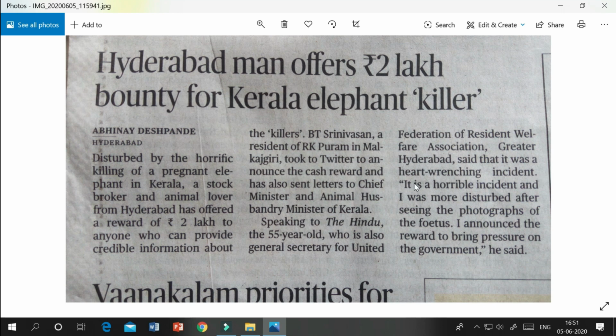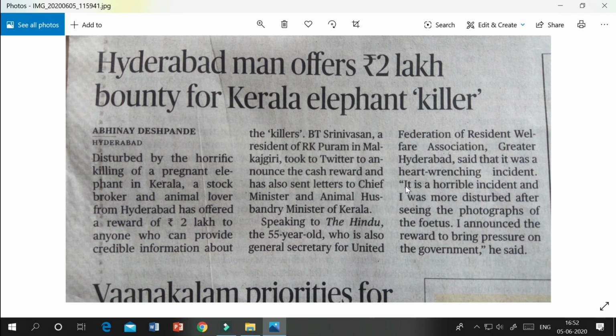Now fourth sentence. It is a horrible incident and I was more disturbed after seeing the photographs of the fetus. So this person says it's a very horrible incident and he was very disturbed, especially when he saw the photographs of the fetus.